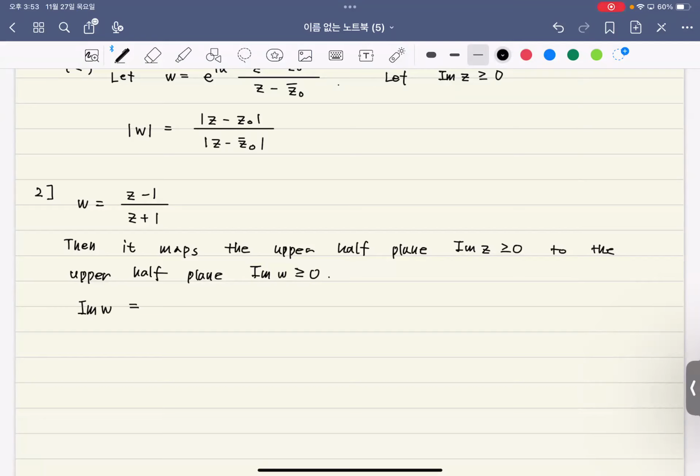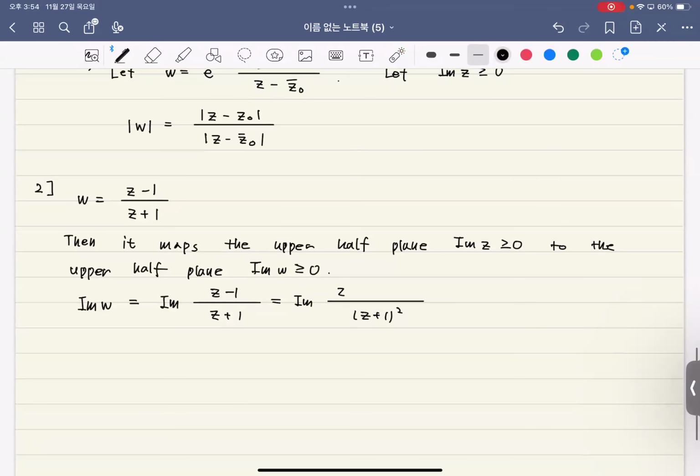In order to justify the statement, we need to compare the imaginary part of W and Z. So what is the imaginary part of this guy? It is the same as the imaginary part of this complex fraction. In order to get the imaginary part, I need to multiply the complex conjugate of the denominator to the top and bottom.